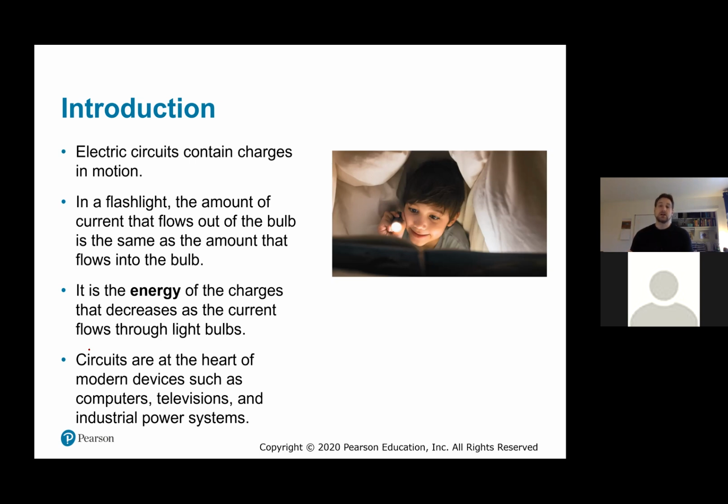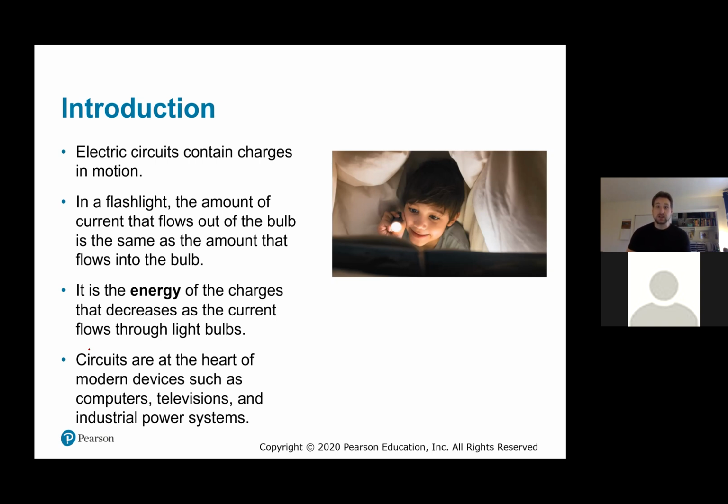Circuits are everywhere, and they are the thing. This is why we are interested. This is why we were interested from the very beginning in electric charge, although we didn't know it when we first observed electric charge.